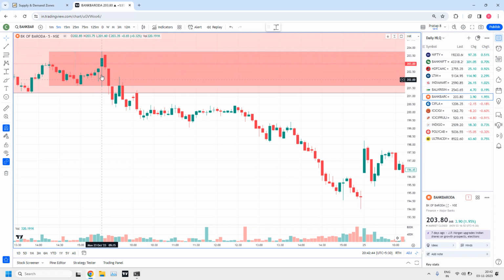We are seeing an ERC candle, expanded range candle. Next, what are you seeing? A medium size leg candle. That means this is not a base candle. Next, you are seeing a drop candle. Then where is the base?